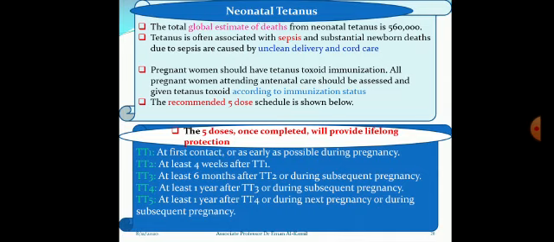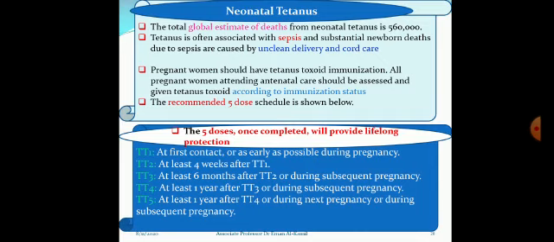So in the developing countries, because they are not sure about their immunological status regarding tetanus, they provide 5 doses to the mother. The first dose is given as early in the pregnancy, after the first trimester. After 1 month from the first dose, they give a second dose.